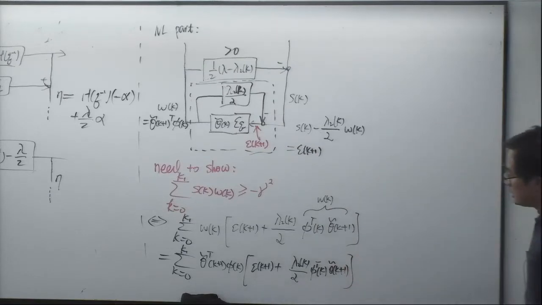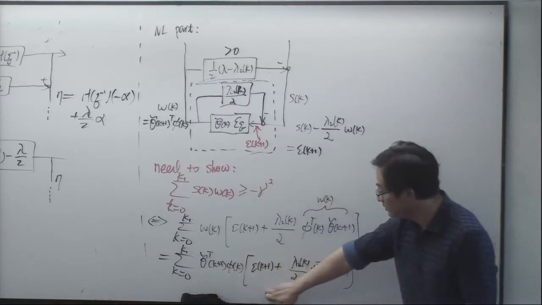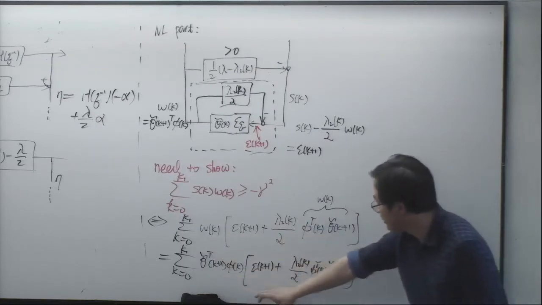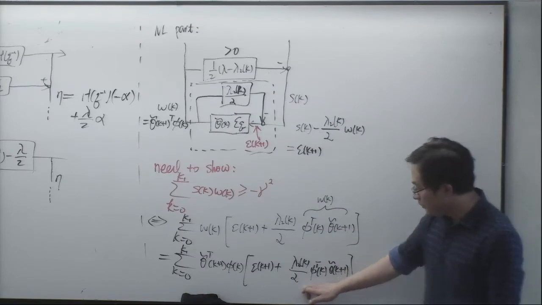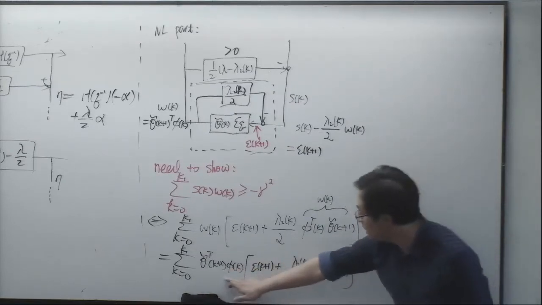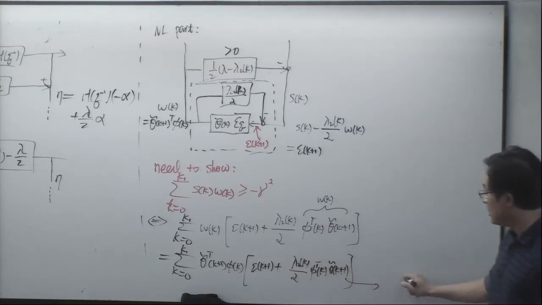All right? This is the explicit form. This part, we have worked on this before. This epsilon times the WK term, we worked on this before. This is slightly new, but if you multiply this inside, you can see this is going to generate a product that looks like this.